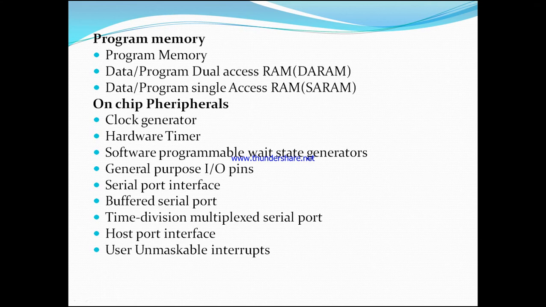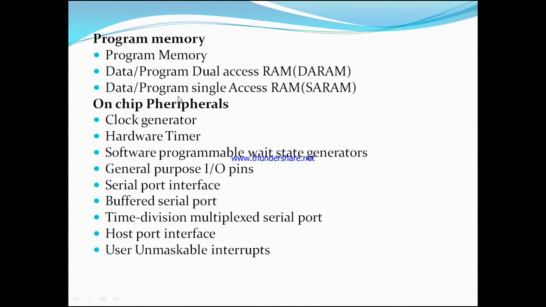It has 3 types: program memory, data or program dual access RAM, and data or program single access RAM. The data or program dual access RAM has 1056 words of data program dual access. The data program dual access RAM can be read and written to in the same machine cycle.